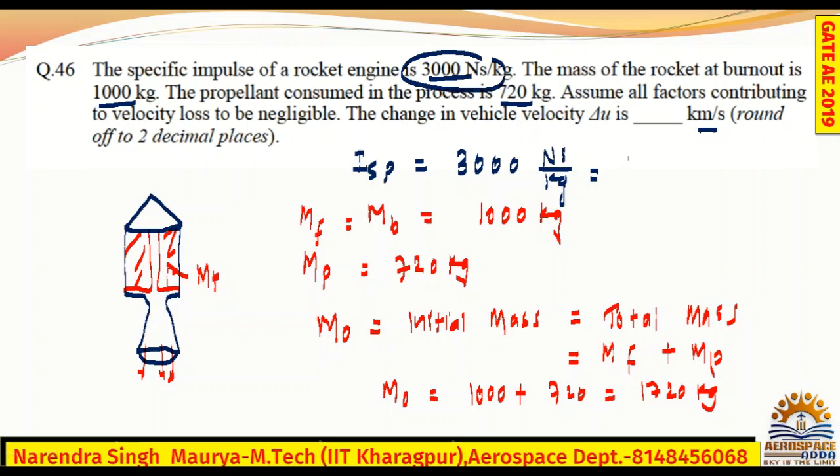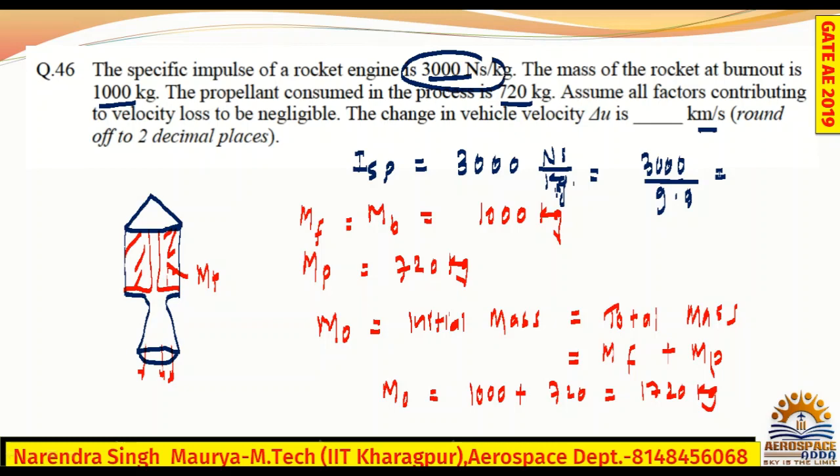So what will we do? We'll write 3000, because mass into gravitational acceleration will be newton. So newton cancels. So in the denominator we multiply by gravitational acceleration. Gravitational acceleration into mass becomes newton, so newton by newton will be cancelled out. So I will multiply by 9.8 in the denominator. How much?